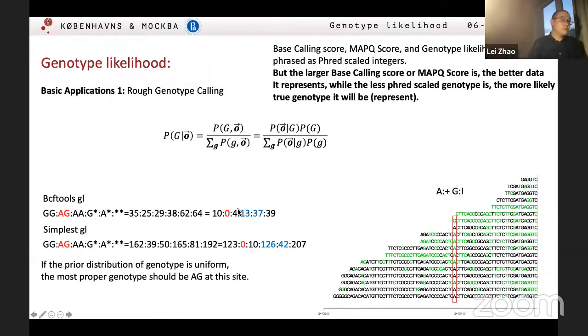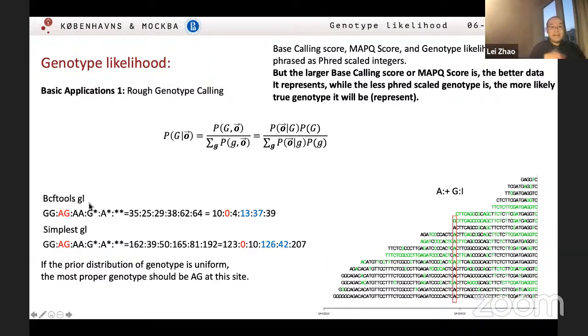And if we see this kind of thing, as I said before, it is a Phred scale of the genotype likelihood, and this 0 basically means the largest genotype likelihood. As we calculated previously, 10 A and 1 G, or 11 A and 1 G, and the base calling error is the same for A and for G. And actually, the heterozygote genotype AG is the most probable.